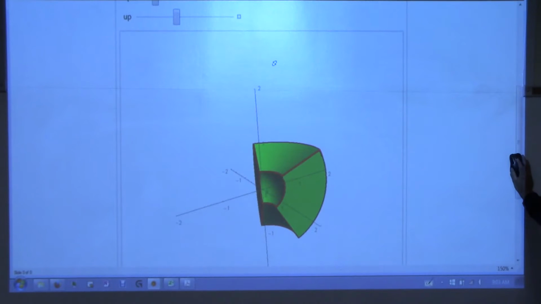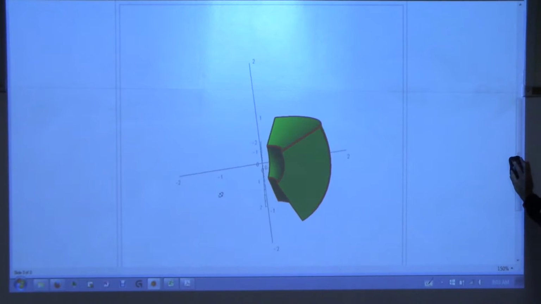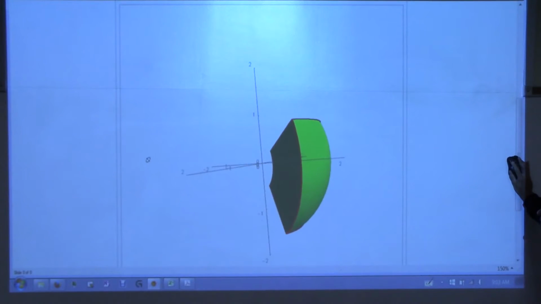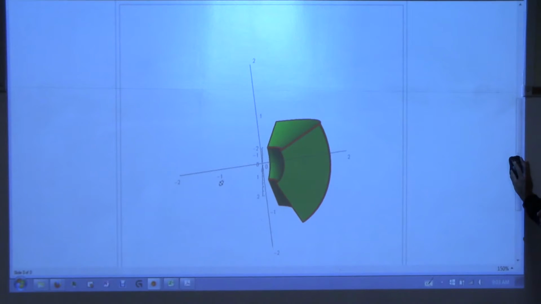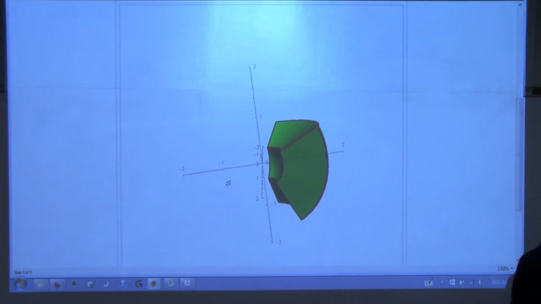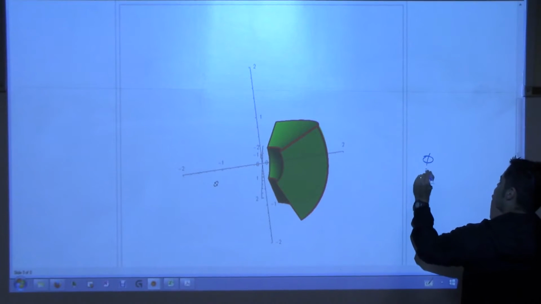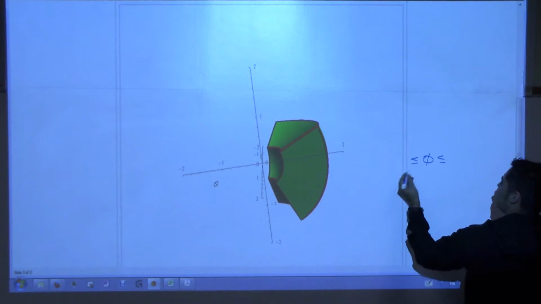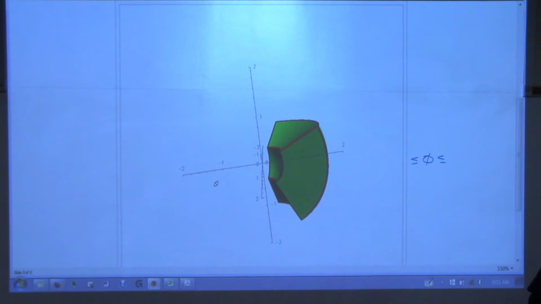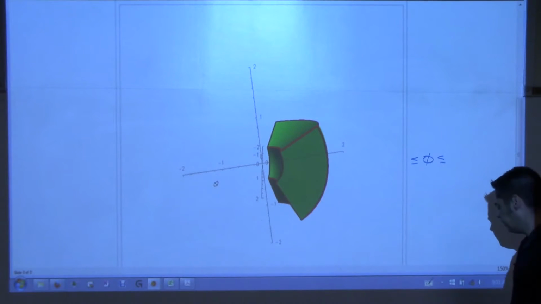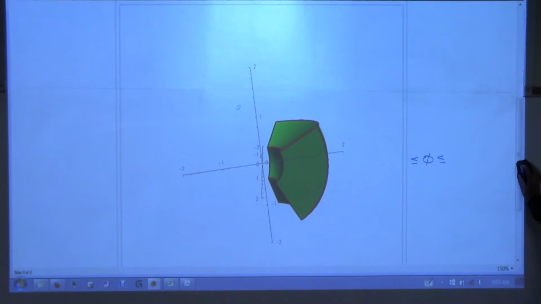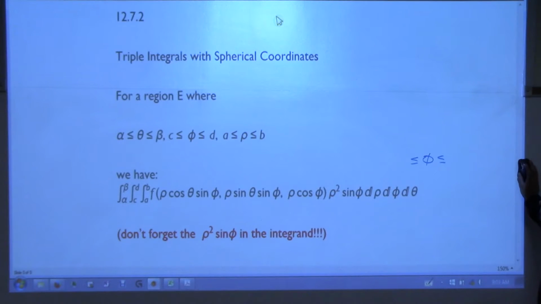Now here's another example of a spherical region. So let me see if I can kind of show you this. I'm going to show it to you from the back side. So what we have here is I've taken my phi and I have restricted it between two constants. C and D, alpha, beta.